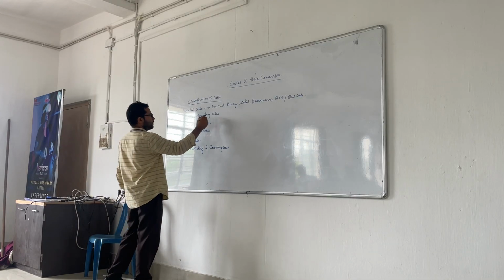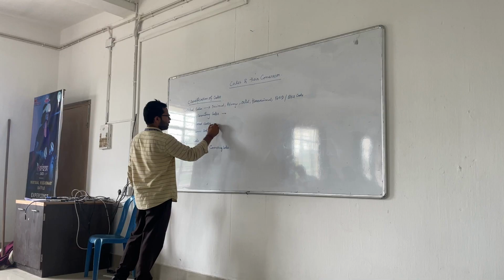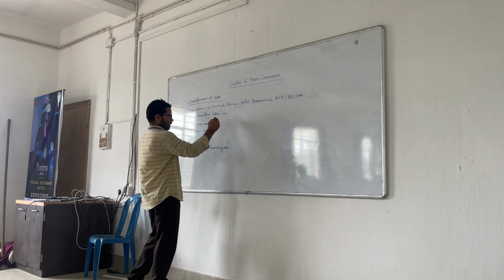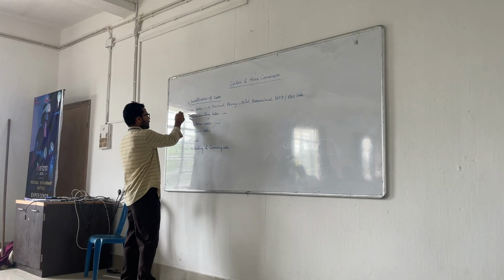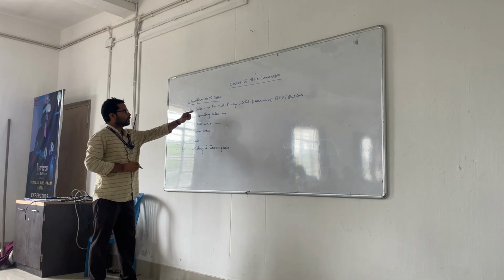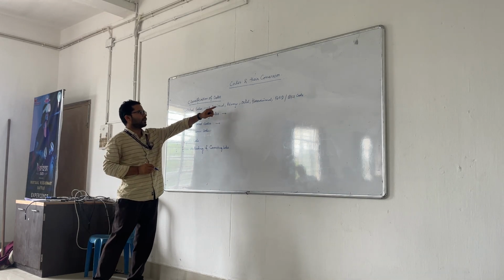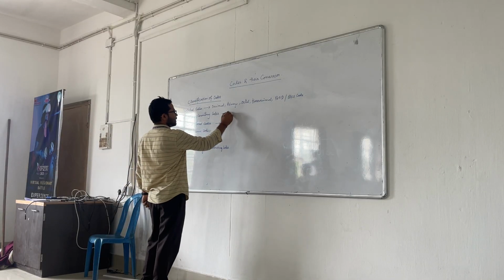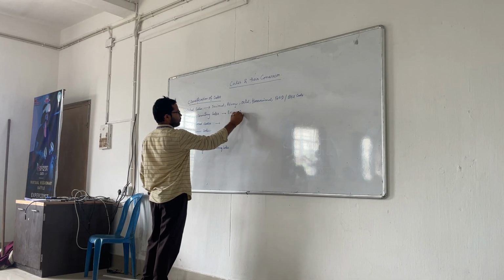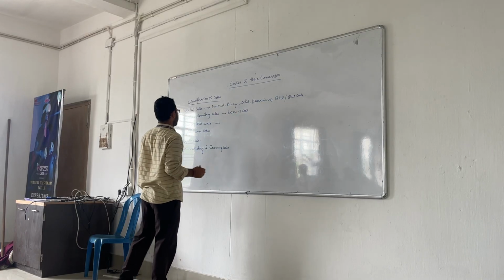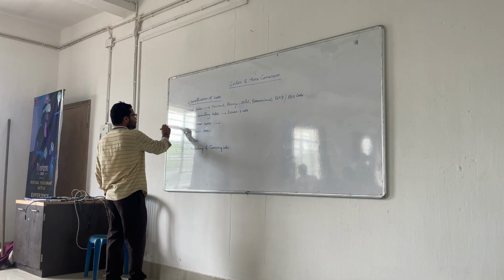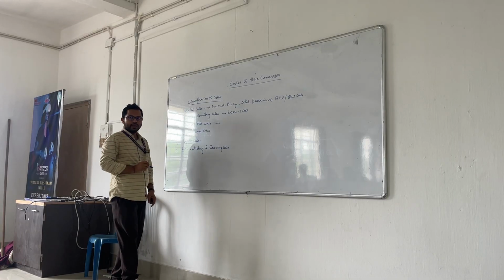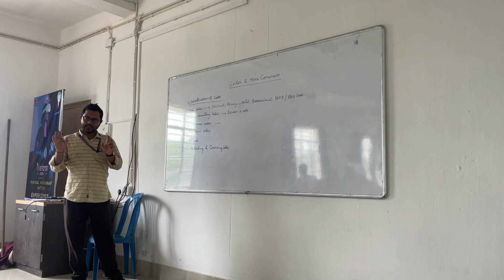Now self-complementary code. Self-complementary code means it does not follow the conventional way of representing numbers through decimal, binary, octal, hexadecimal or BCD. That means it is the excess 3 code. I will explain later. Now unit distance code, I will explain later.